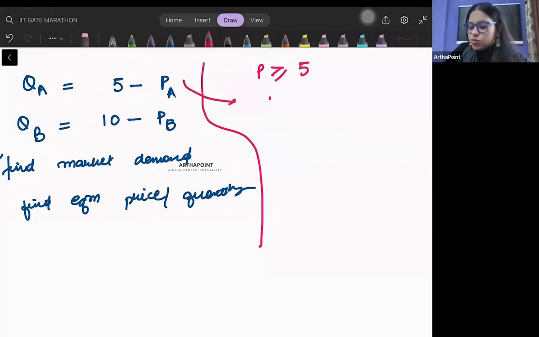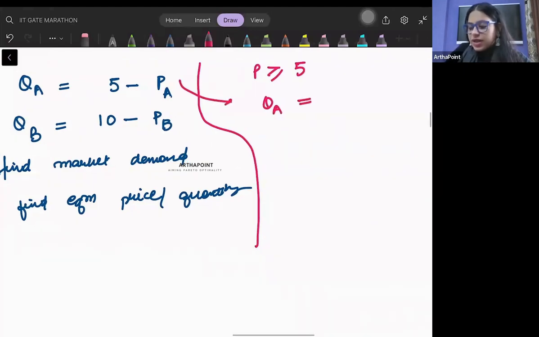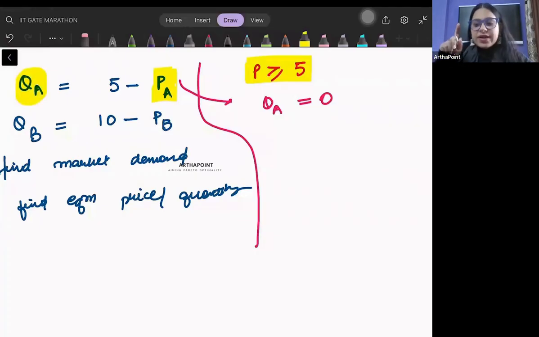Beta, individual A will not demand any quantity. It will just demand 0 units. Any price greater than 5. देखो price अगर 5.1 हुआ, 5.2, 5.3, 6, 7, 8 कुछ भी डालो यहाँ पे 5 से ज्यादा, तो इसकी क्वांटिटी तो नेगेटिव हो रही है. And if its quantity is negative, it automatically means that this individual will not demand.